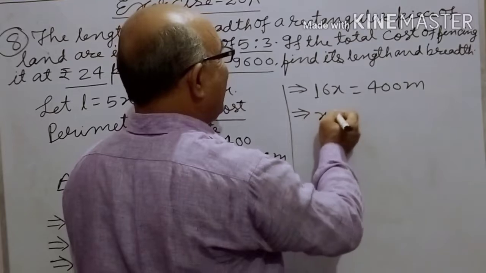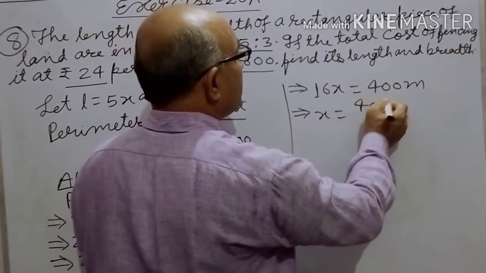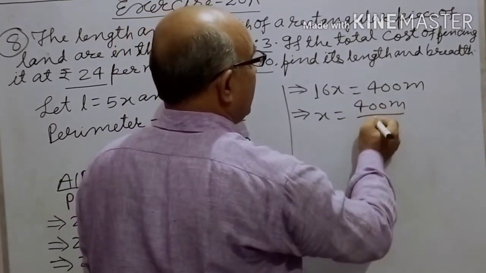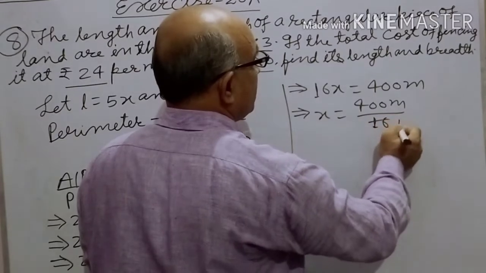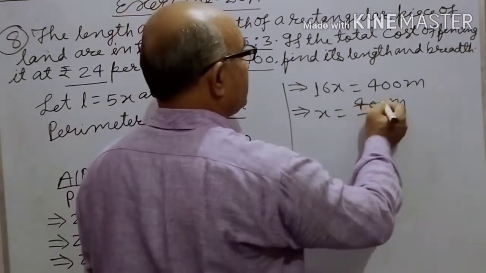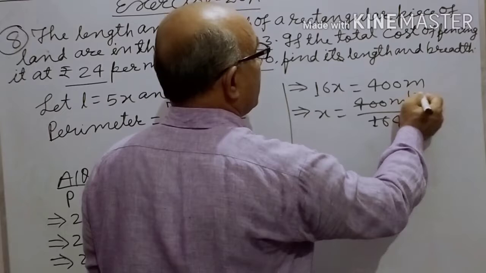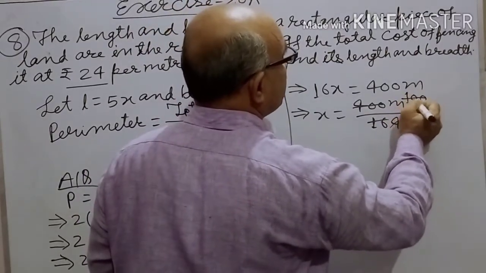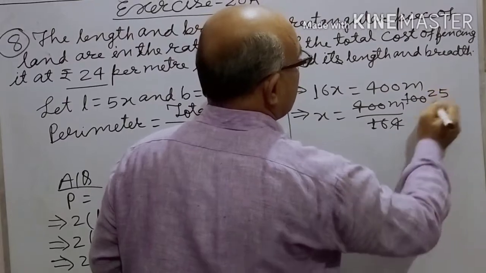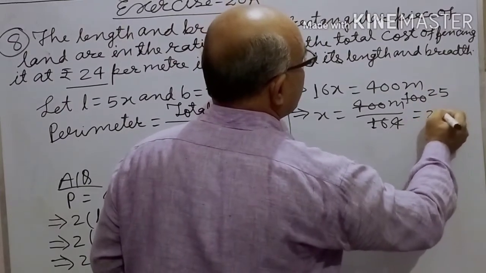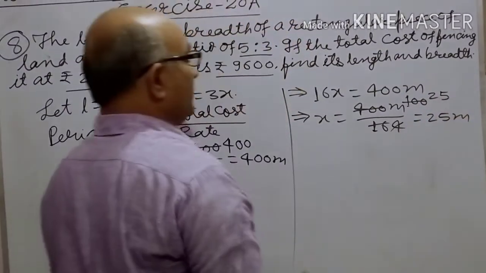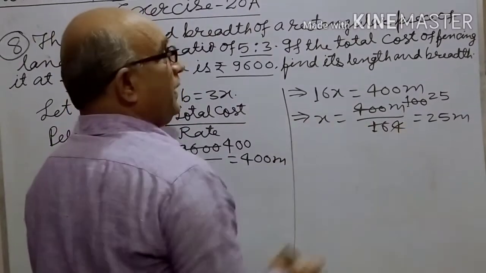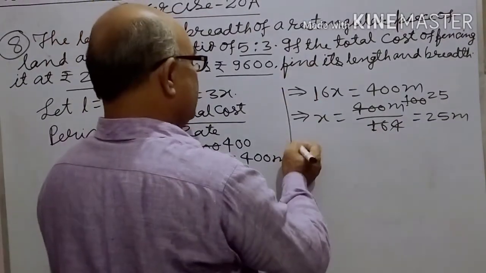That implies x equal to 400 meter by 16. 4 sixteens are 64... so 400 divided by 16 equal to 25 meter. The value of x is 25 meter. So find length.